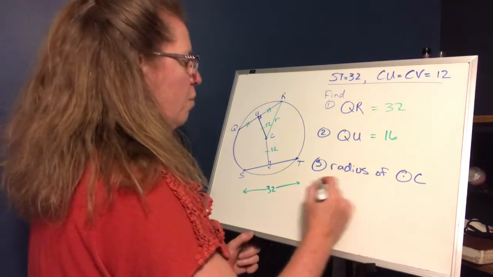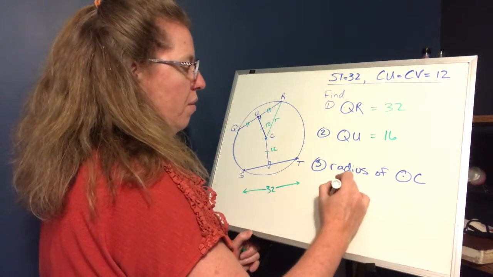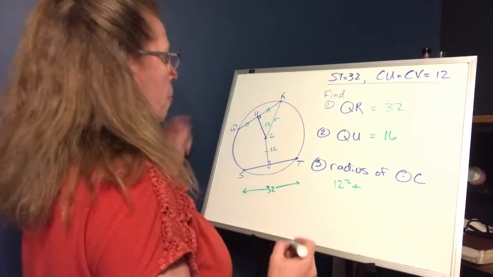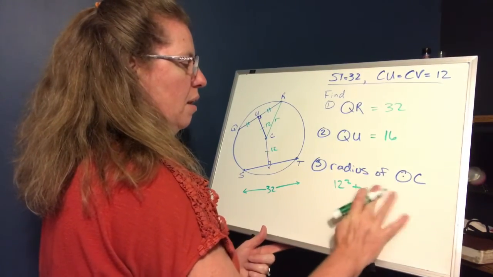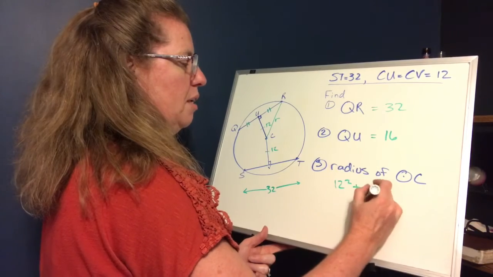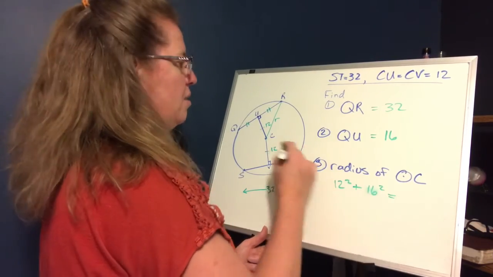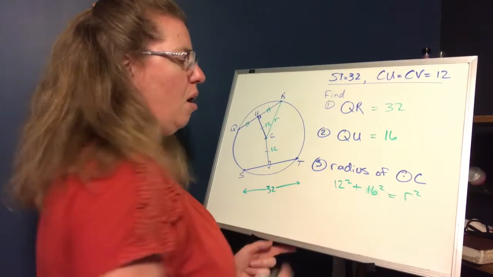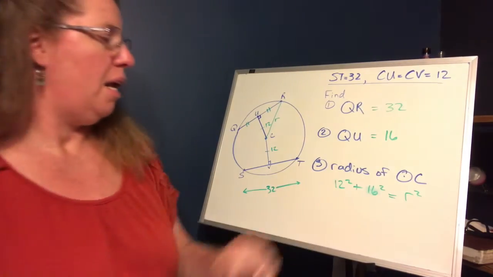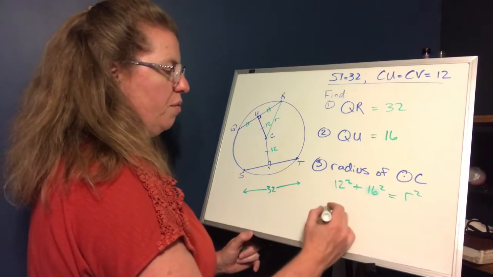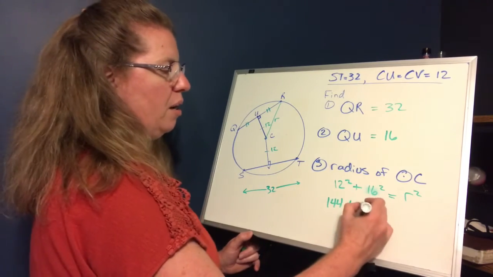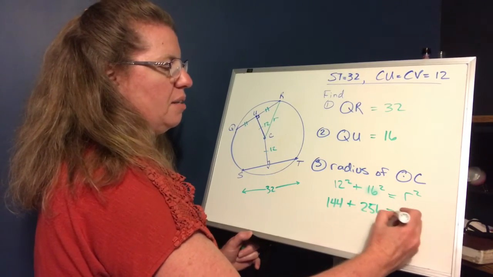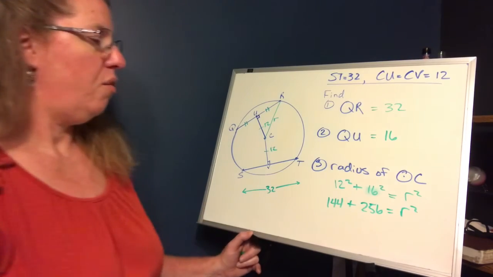So we're going to use our Pythagorean theorem. We've got 12 squared. UR and QU were 16. 16 squared is equal to my radius R squared. Let's remember we square them first. 12 squared is 144. 16 squared is 256. That is going to equal our radius squared.